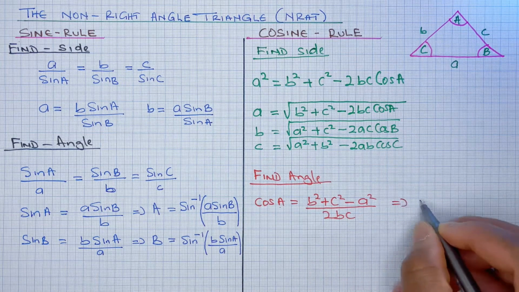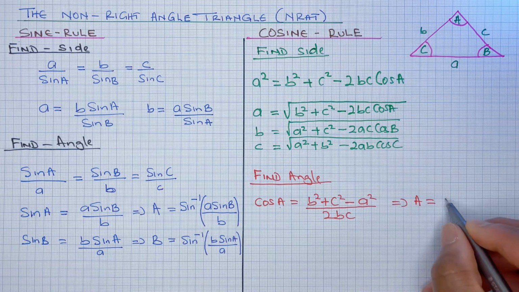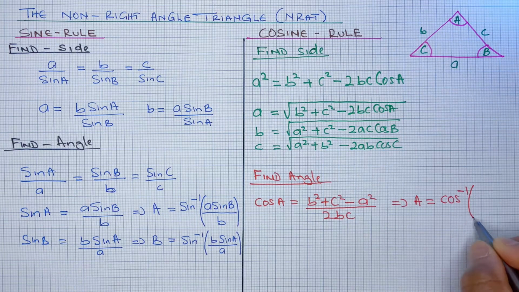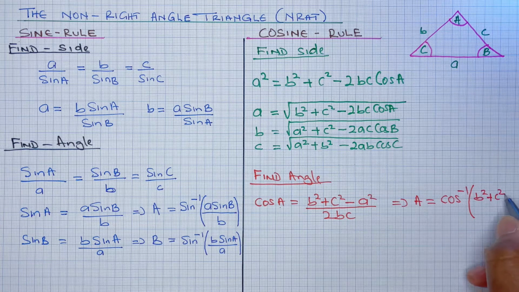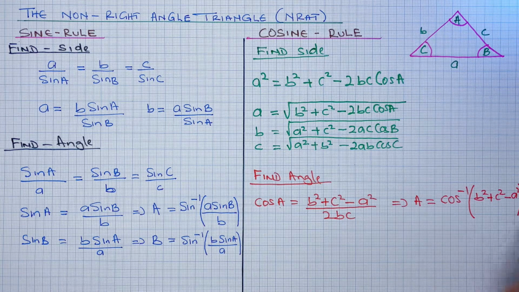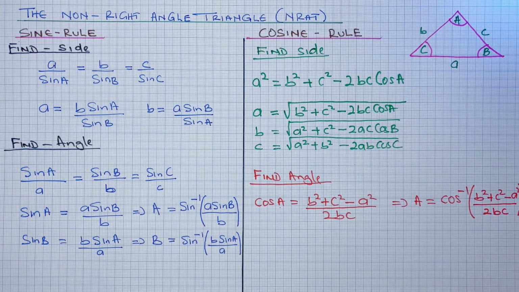That implies that A equals cos to the power minus 1, open bracket, b squared plus c squared minus a squared, close bracket, divided by 2bc.